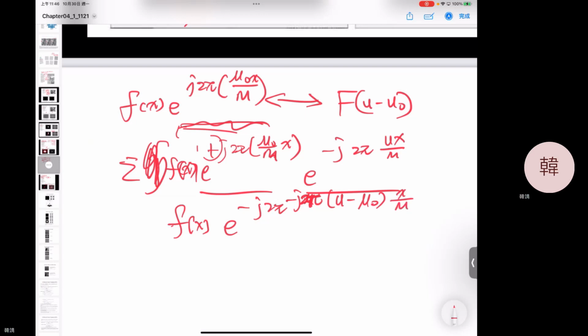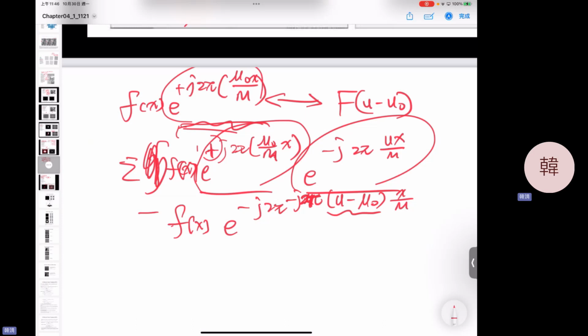Okay. You just combine these two items with the kernel. This item, positive, with the kernel, creates a new F of mu minus mu 0. If you look at this formula, it's exactly the Fourier transform from x to mu minus mu 0.